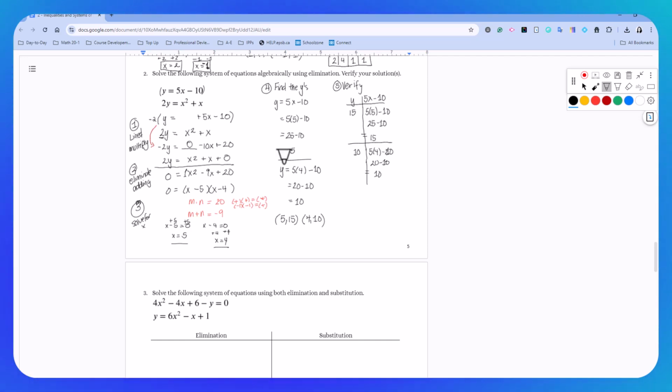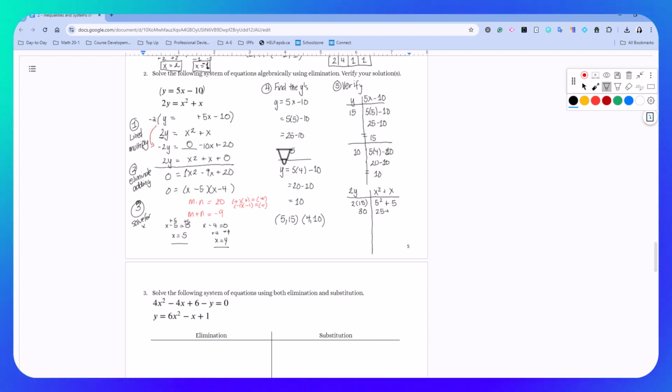Let's do it again, but this time let's go with the other equation. We have 2y equals x squared plus x. Well, this one we have 2 times y, or 2 times 15 for the point 5 and 15. And now we're going to substitute in 5 here and here. Well, 2 times 15 is 30.